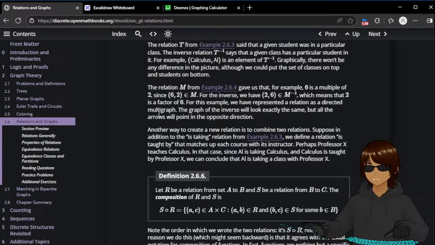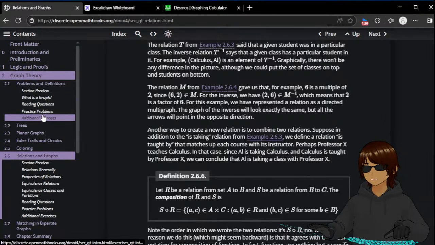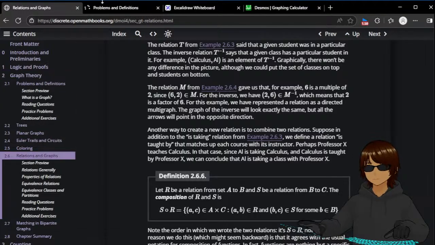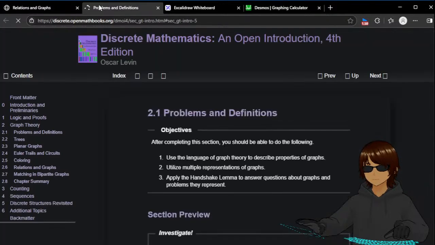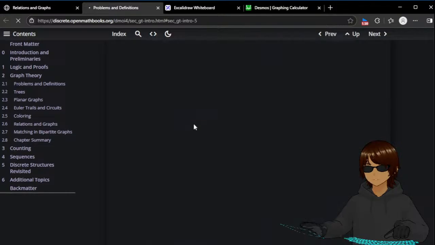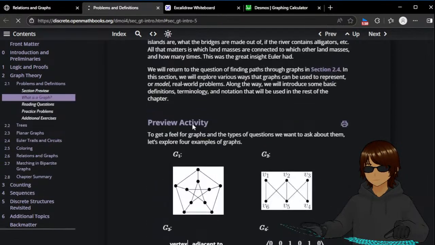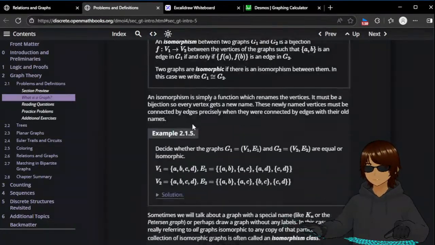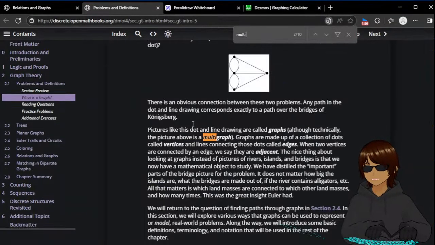A directed multigraph. Wait, what's a multigraph again? Control F multigraphs.